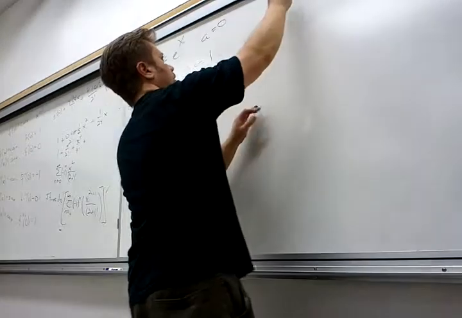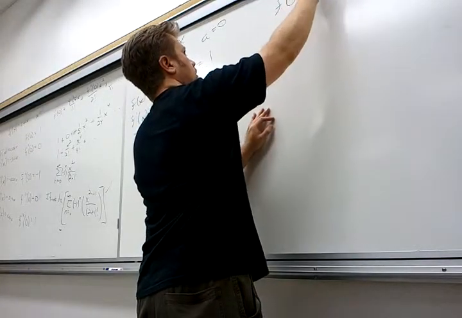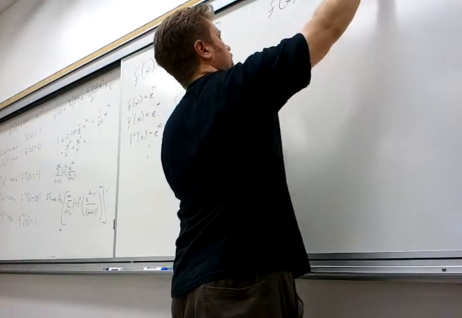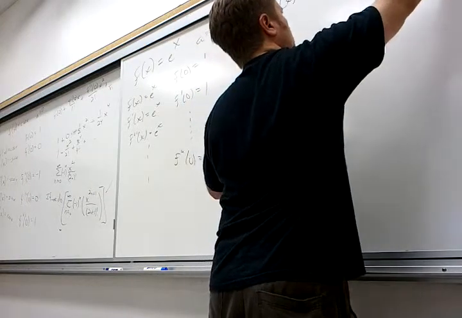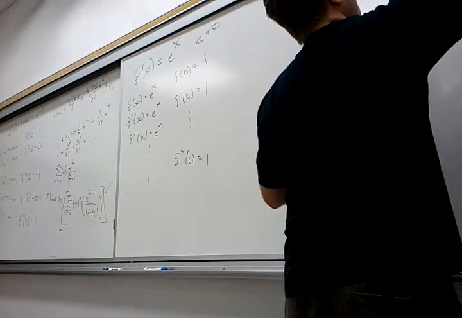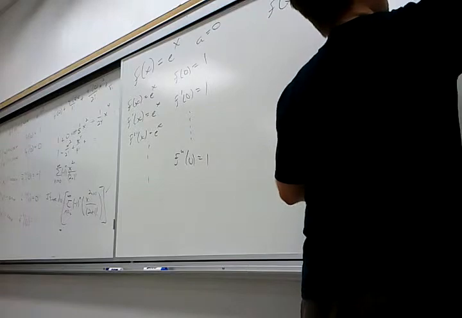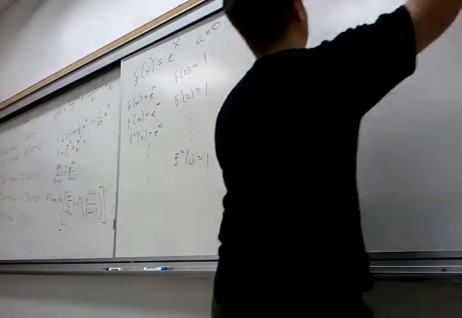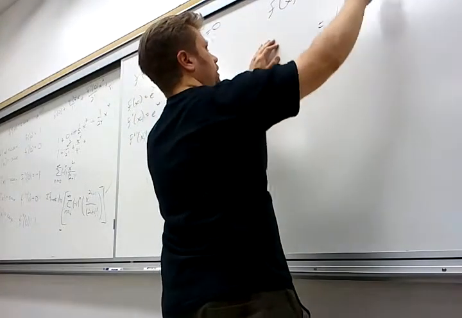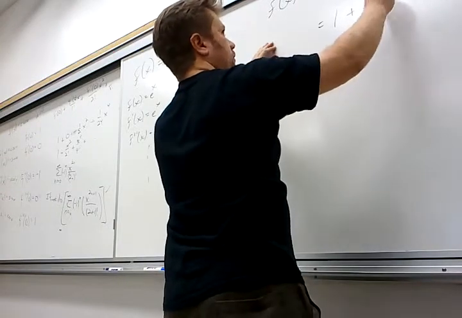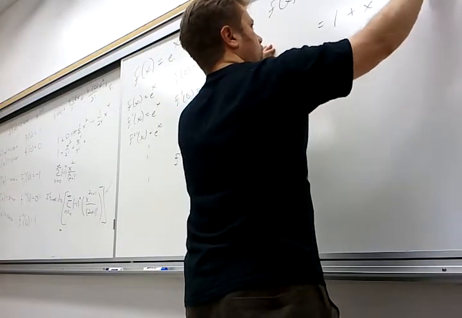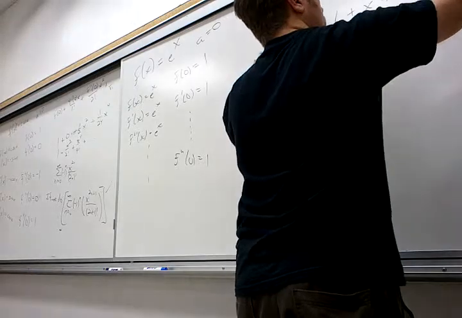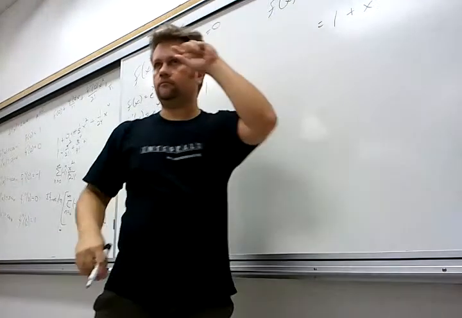So now f of 0 plus f prime of 0 x plus f double prime of 0 x squared over 2 factorial plus. So I'll get 1 plus x plus 1/2 x squared plus 1/6 x cubed plus dot dot dot.